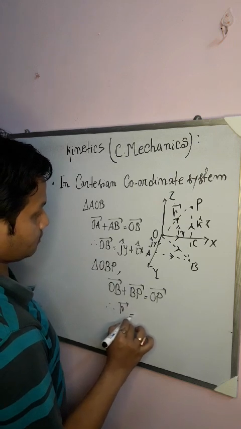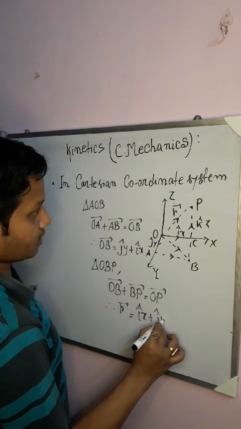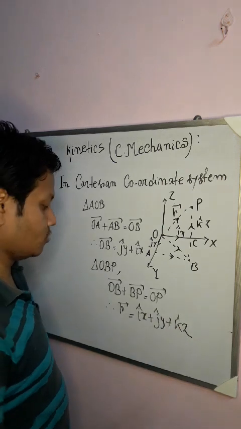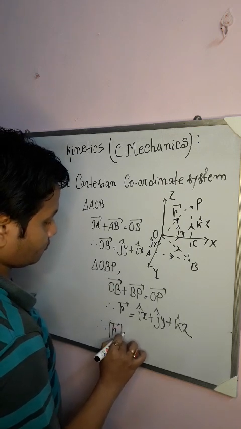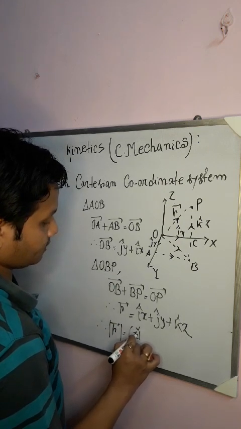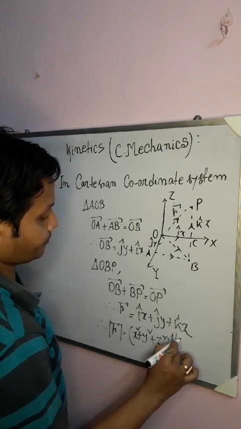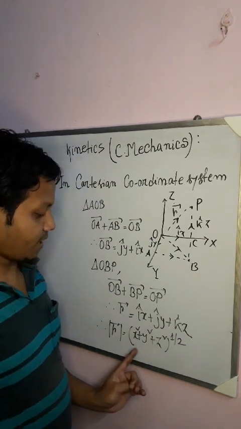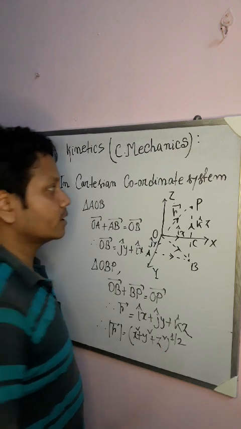OB is i cap x plus j cap y, and BP is k cap z. From this we find that the magnitude of the position vector is x squared plus y squared plus z squared to the power half. This is the magnitude of the position vector in the Cartesian coordinate system.